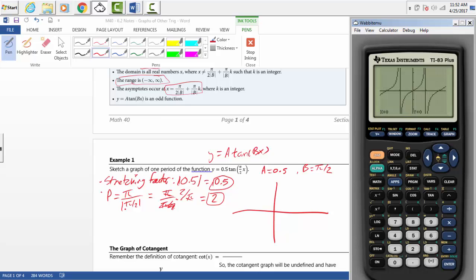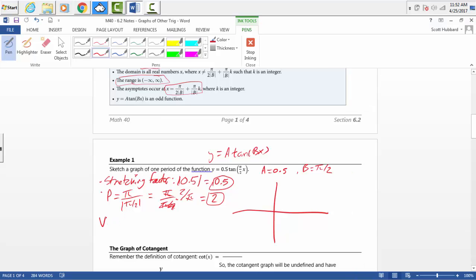So we have vertical asymptotes at these values. According to the formula, the vertical asymptote is x equals pi over 2 times, where b was pi over 2, plus pi over 2, times k. Here k can be any integer, which is just a whole number, so I'll choose k to be 1.